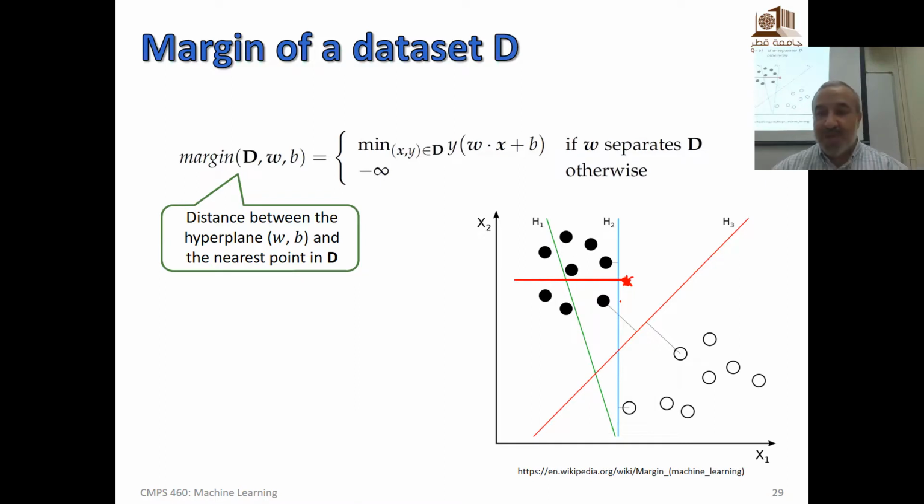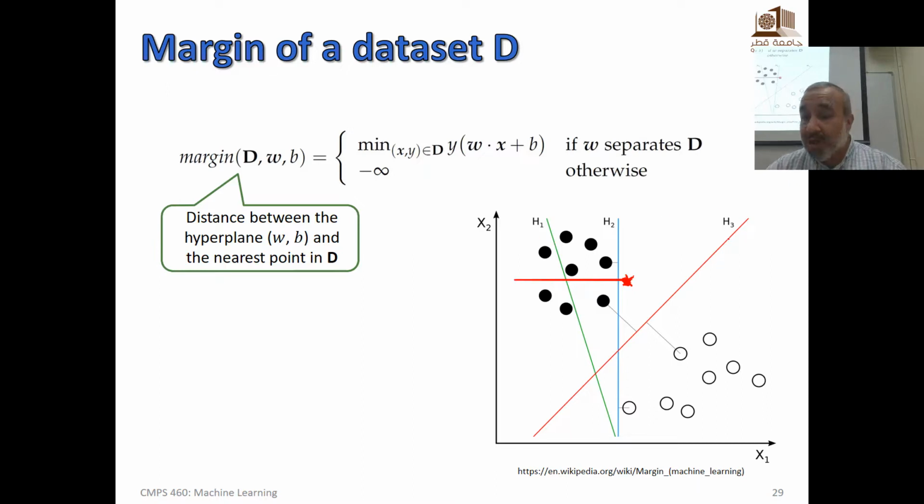So if I look at this point, it is very close to the model. The model might make a mistake with the close points, but it is less probable to make a mistake with further points. If the point is far from the model, it is more probable to get correct predictions. If it's close, it might get incorrect predictions.